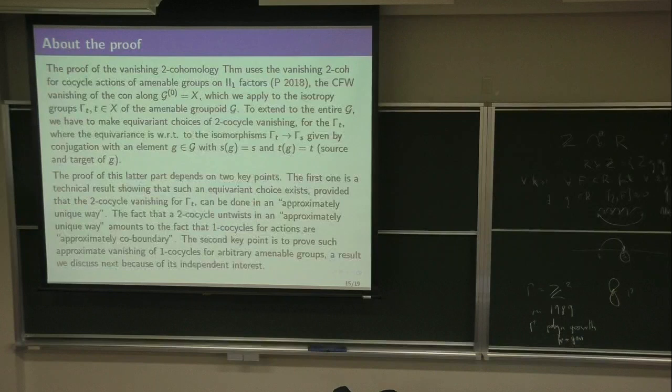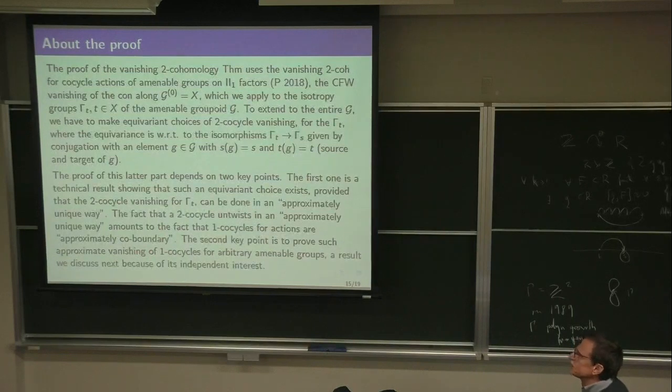You see that right away; that's general cohomology theory. If you can prove that this one cocycle is a coboundary, then you prove your uniqueness. Actually, you have to do that approximately, so that amounts to the fact that any one cocycle is approximately a coboundary. Now we have come to a problem which is clearly formulated and which we will discuss. That's the second point: to prove such approximate vanishing of one cohomology.